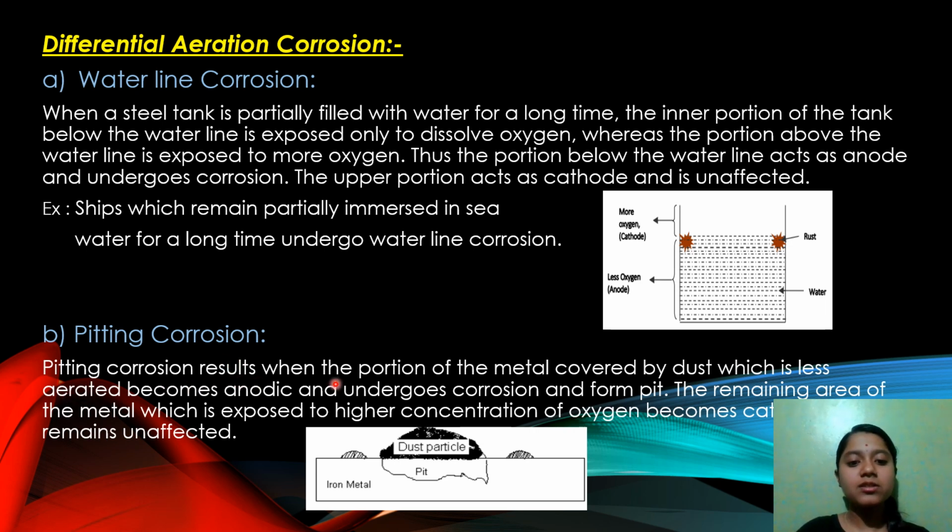Pitting corrosion results when the portion of the metal covered by dust, which is less aerated, becomes anodic and undergoes corrosion and forms a pit. The remaining area of the metal, which is exposed to higher concentration of oxygen, becomes cathodic and remains unaffected.